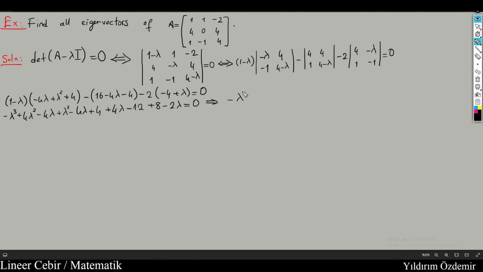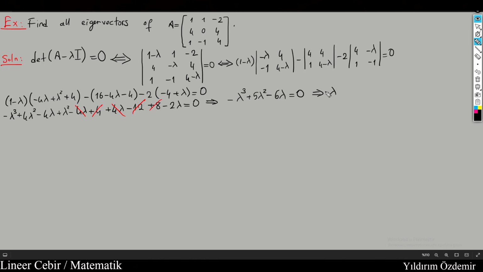We have minus lambda cubed plus 5 lambda squared, and let's see the others. First of all, they are cancelled, which is easy to see. Also these are cancelled, and we have minus 6 lambda is equal to 0.